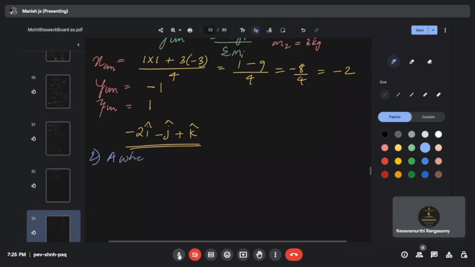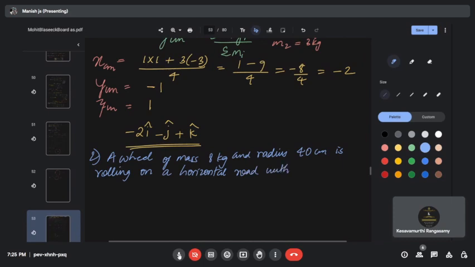A wheel of mass 8 kgs and radius 40 centimeters is rolling on a horizontal road with angular velocity of 15 radians per second.